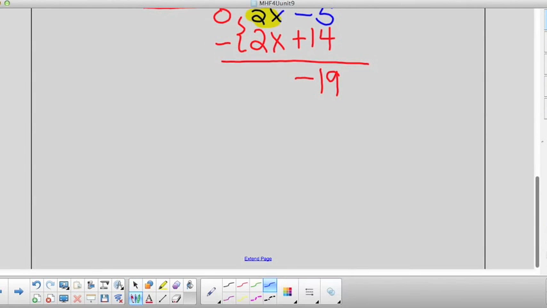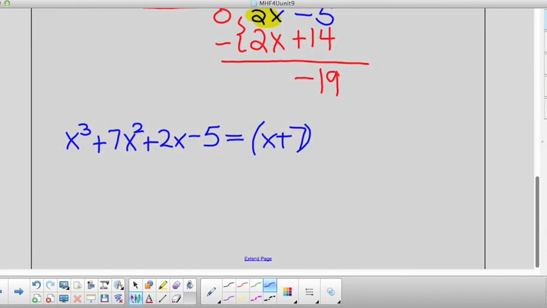So I have proven using long division that x cubed plus 7x squared plus 2x minus 5 is equal to x plus 7, my divisor, multiplied by x squared plus 2, and remainder minus 19.